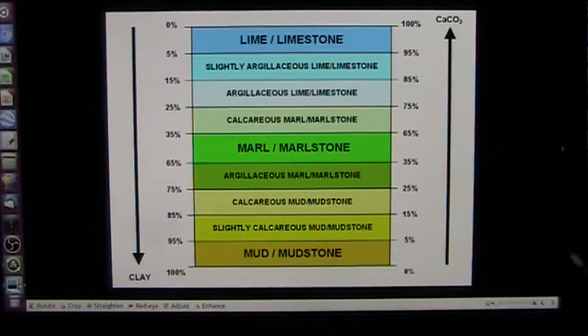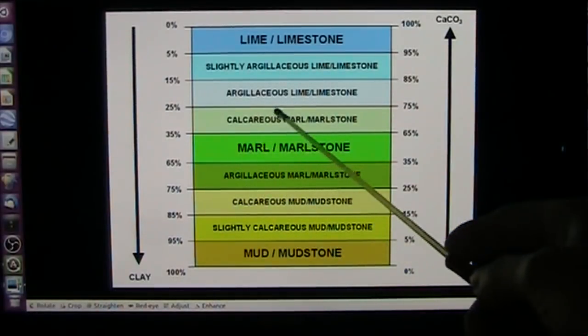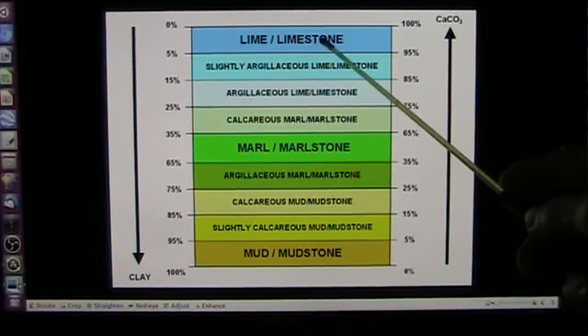Now this is the breakdown of mud fossils. And clay, you see down here clay, mud and mudstone, that is your flesh and your red fleshy material. And then as it goes up, slightly calcareous and mudstone, and then it goes into marl and so forth, all the way up to lime and limestone.